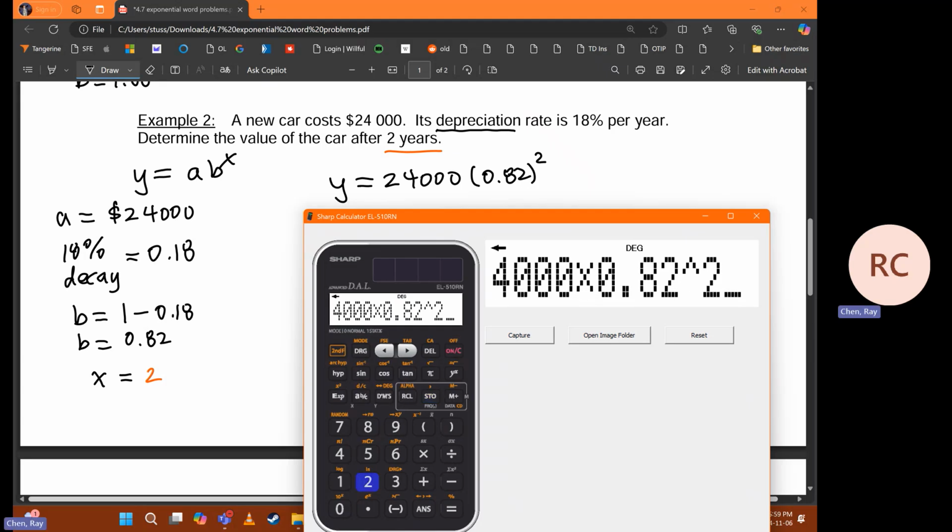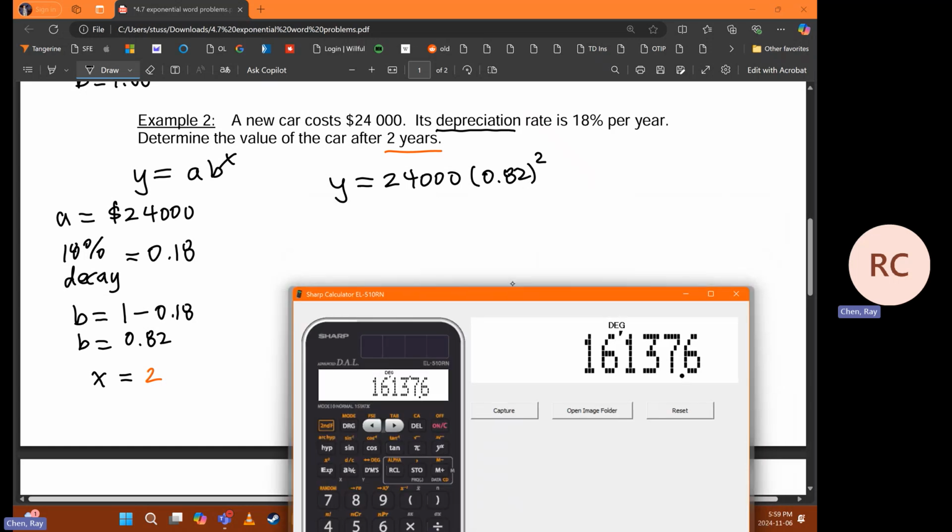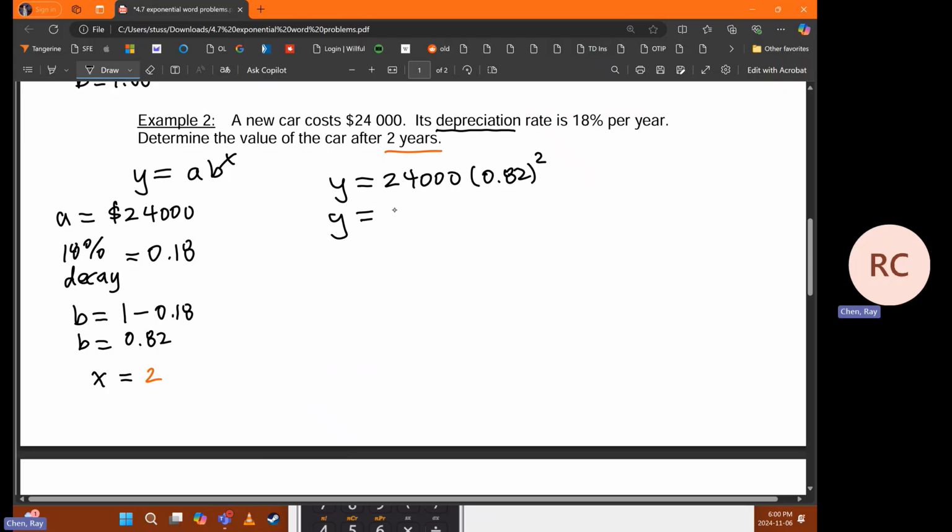Pause the video if you want to try it yourself. If you're using the school calculators, I'll probably have to help you. But if you understand how to use the school calculators, you'll have to do the 0.82 first, then square it, then multiply that answer by 24,000. And we should get this answer of $16,137.60. So notice a lot of these word problems right now are pretty straightforward.